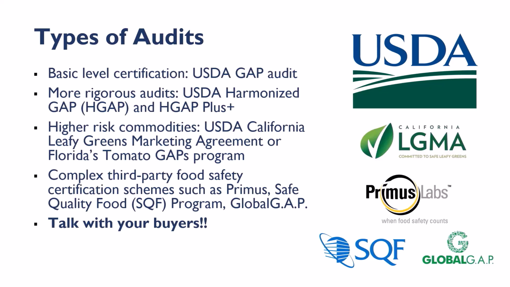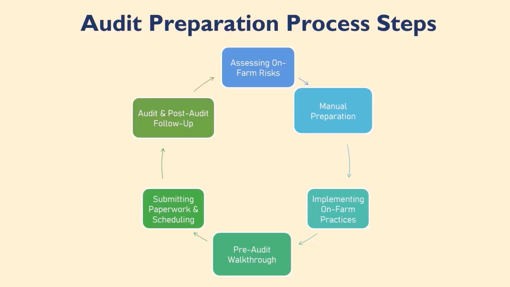Ultimately, as already stated, it is vital to talk with your buyers so you know what audits will satisfy their food safety requirements. Regardless of the type of audit you pursue, there are several steps entailed with preparing for a GAP audit. We will look at each step in subsequent slides.